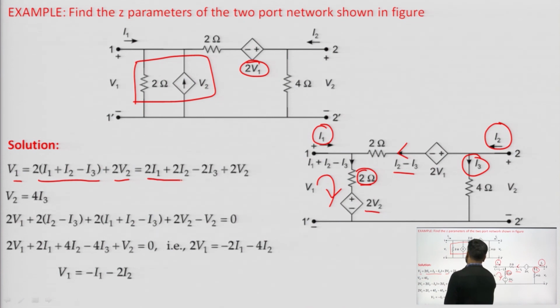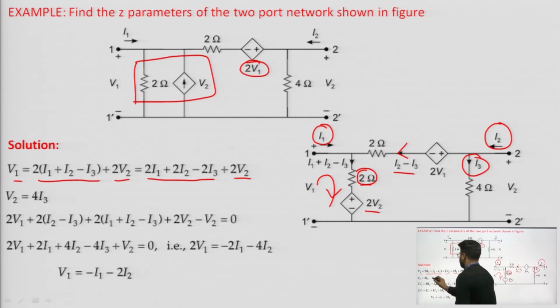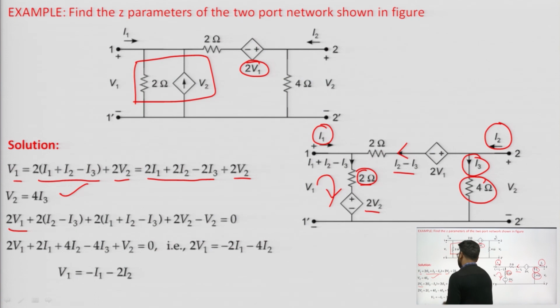So V1 equals 2I1 plus 2I2 minus 2I3 plus 2V2, which we have obtained using this equation, and V2 will be equal to 4I3. The voltage drop across this 4 ohm will be equal to the value of V2.